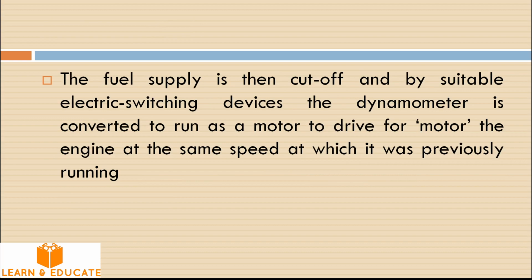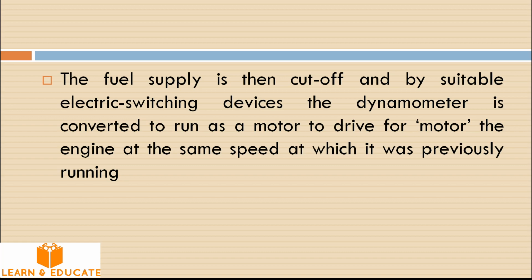The fuel supply is then cut off, and by suitable electric switching devices, the dynamometer is converted to run as a motor. That is why we are using the swinging field type dynamometer, to make it work as a motor to drive the engine at the same speed at which it was previously running.